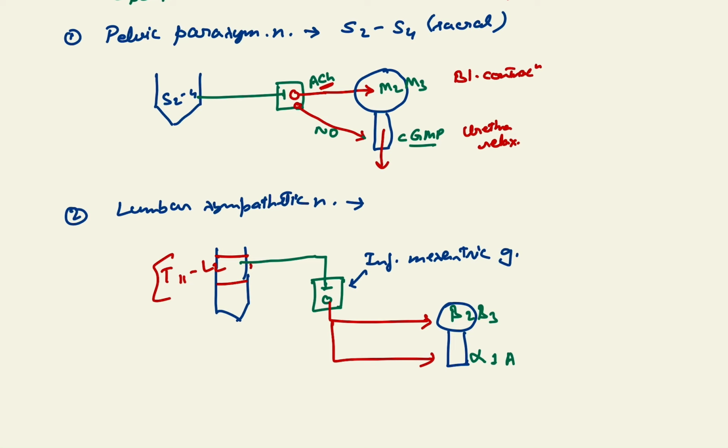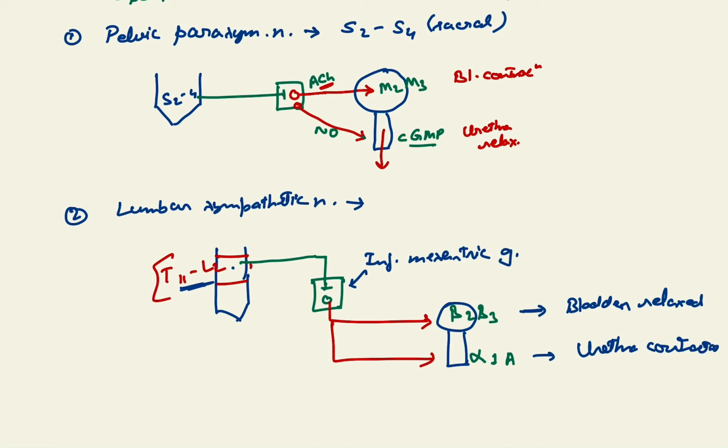Now what is the function of this? Whenever this T11 to L2 fires, it has the sympathetic innervation, and it causes the bladder to get relaxed and the urethra to get contracted.